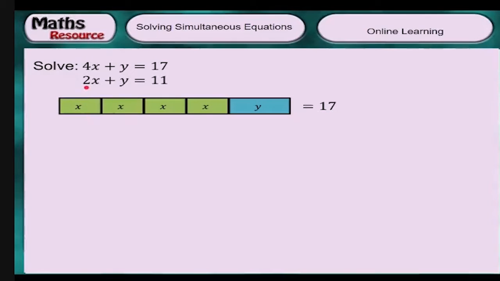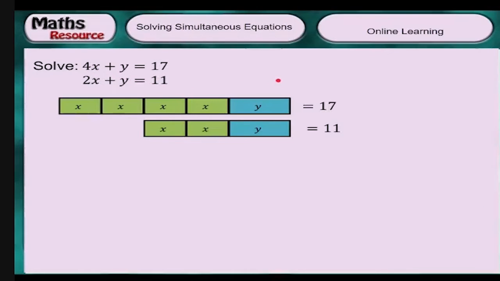The next one, I've got 2 x's plus a y equals 11. Now remember, the idea of solving simultaneous equations is to find out what 1x is and what 1y is. Now there'll be different values in most of the cases.